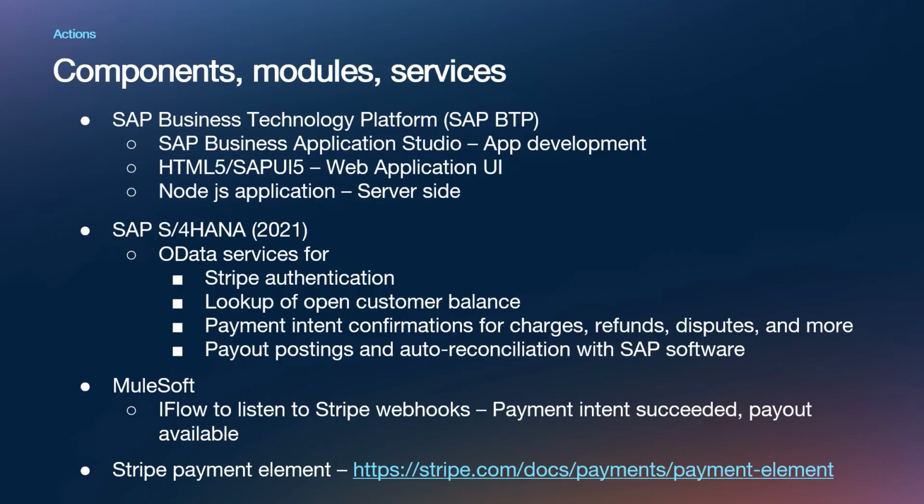The third service designed in this solution was payment intent confirmations being received from Stripe to MuleSoft to ZoomInfo's S4 system. And last but not the least, the fourth OData service was payout postings and auto-reconciliation in SAP when Stripe is able to publish the payout at a T+2 or T+3 timeframe when the actual customer payment was made.